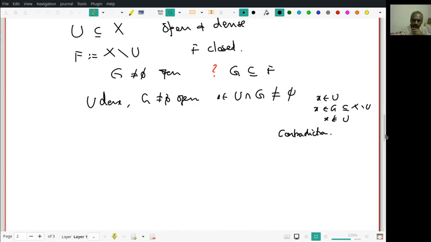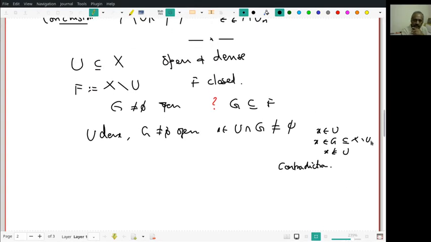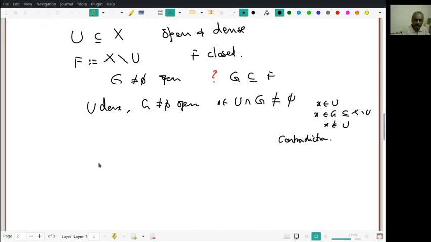So what have I concluded? I have concluded that if U is an open dense set, its complement is a closed set and its interior is empty, because there is no open set which is contained in F. So the interior of F, namely, is empty. Recall what is the interior of a set?